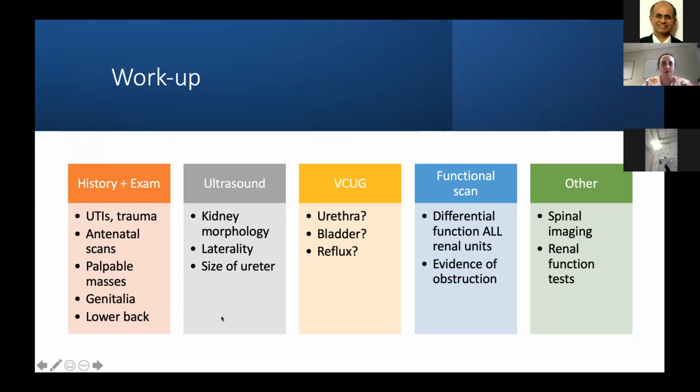We'll talk briefly about how you're going to investigate children when we talk about risk stratification. But in children who go on to have a VCUG, which involves catheterization, ionizing radiation, and can also be, in my experience, a bit of a difficult investigation to do in older children, you really need to be clear on your indications for doing it.